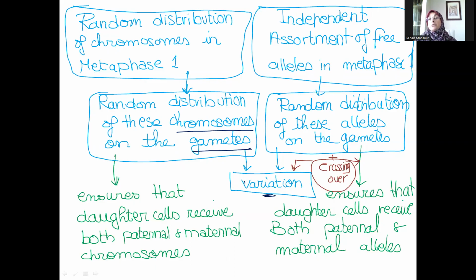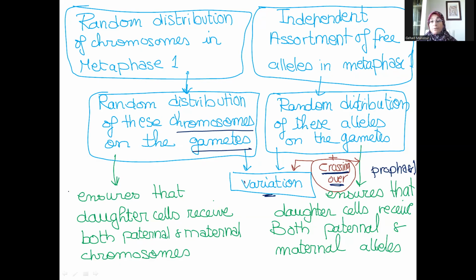Similarly, independent assortment of free alleles in metaphase 1 or the restricted independent assortment of the linked alleles results in random distribution of those alleles on the gametes and also results in variation. If we add to this the crossing over that might have occurred in prophase 1, plus, of course, the random fertilization, then we are gathering 4 causes of variation.